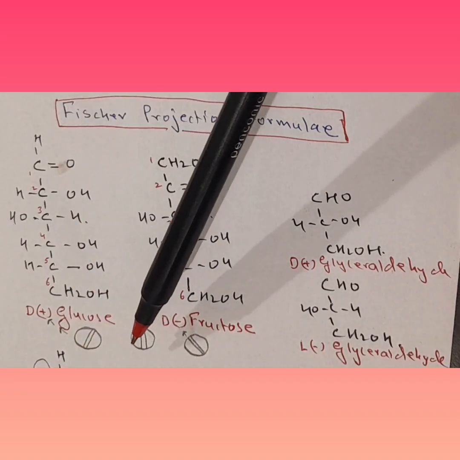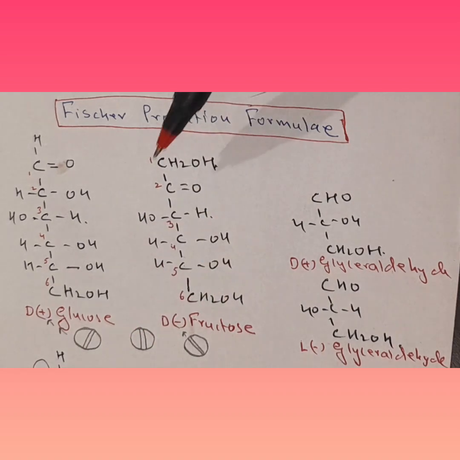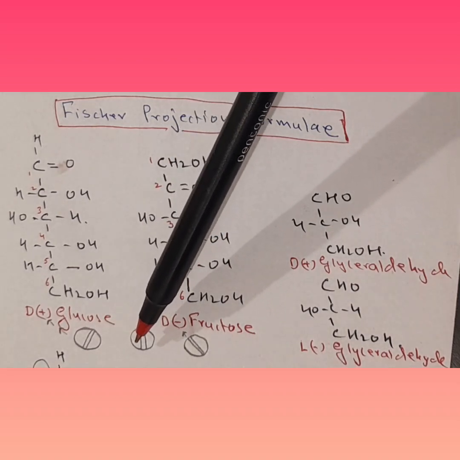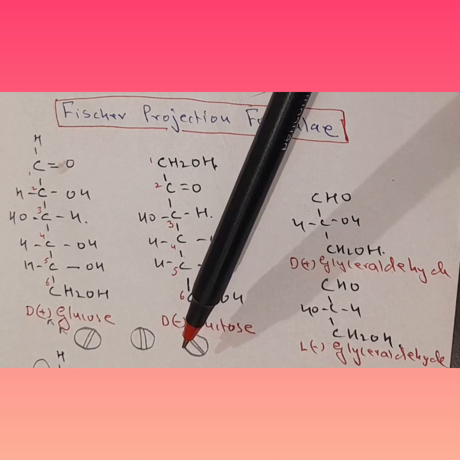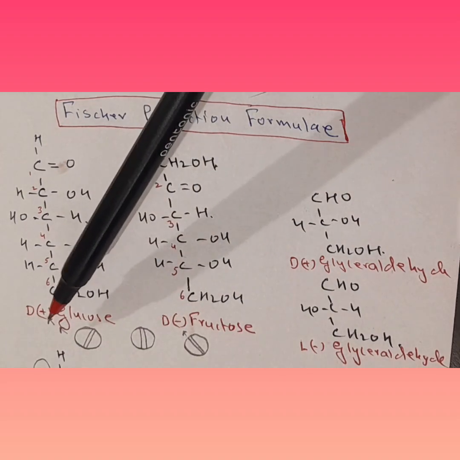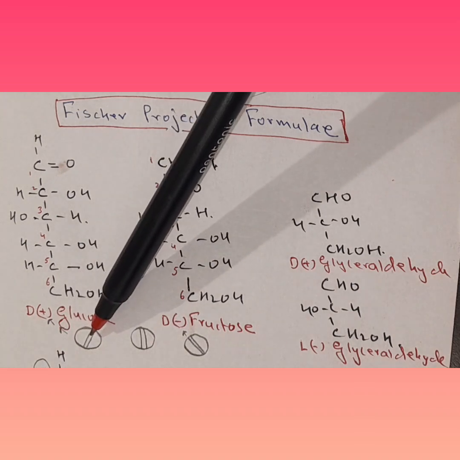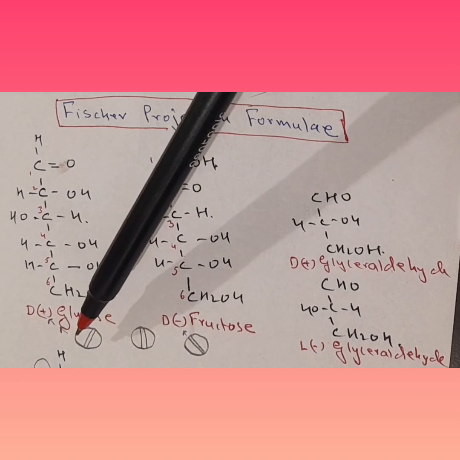Now assume that this is the plane of plane polarized light. If we place this sample into a polarimeter, we would find that the plane of plane polarized light is shifted by some degree towards the left. If it is shifted towards the left, we assign it as negative, or a levorotatory chiral compound. Whereas in this case, if we put this sample in the polarimeter, we would find that the plane of plane polarized light deviates towards the right hand side.